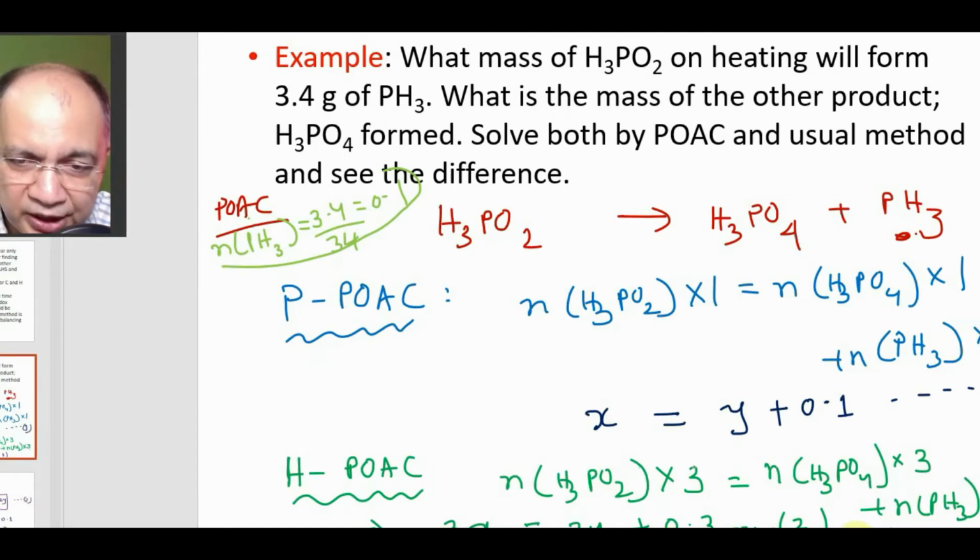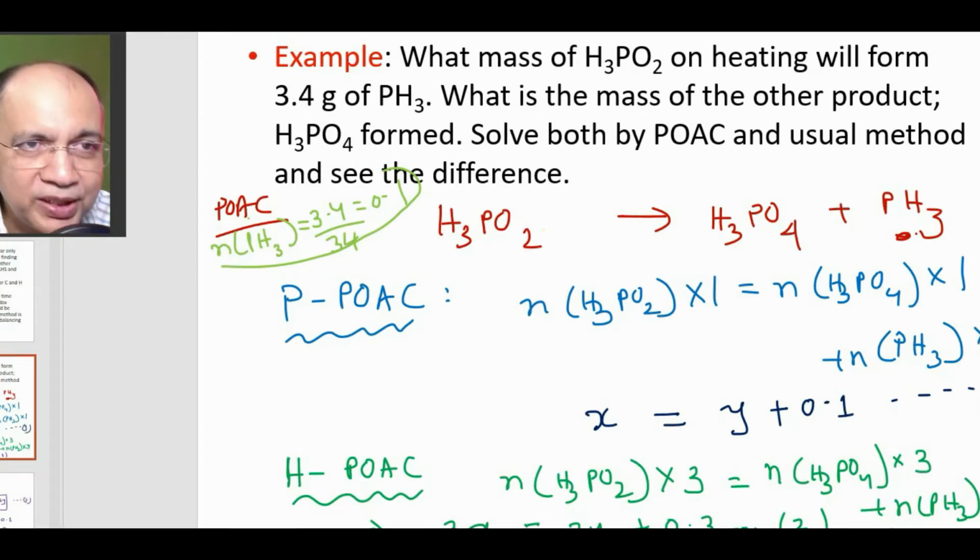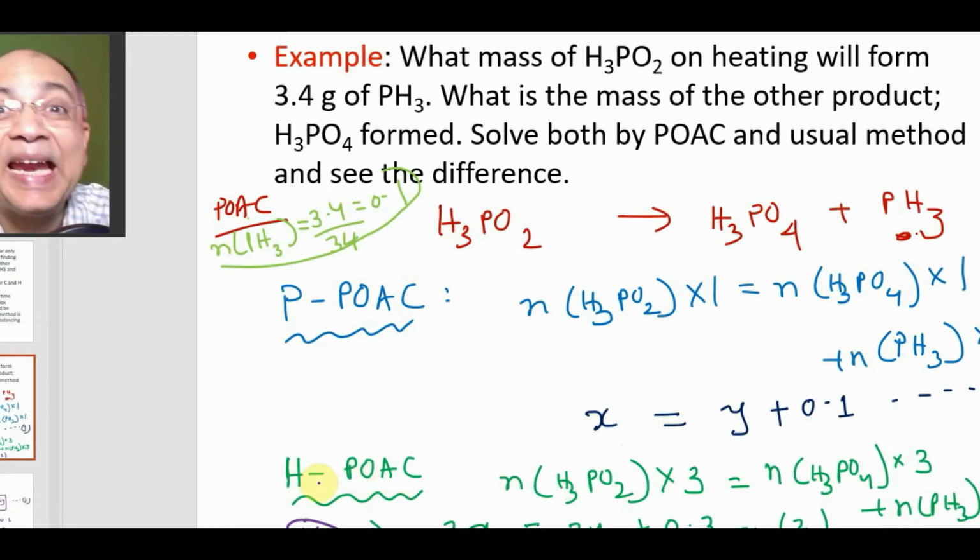So dividing by 3, you get x is equal to y plus 0.1, the same relation that we already have got. So this equation will not help anyway because it is a repetition. By applying POAC to hydrogen, we didn't gain anything.